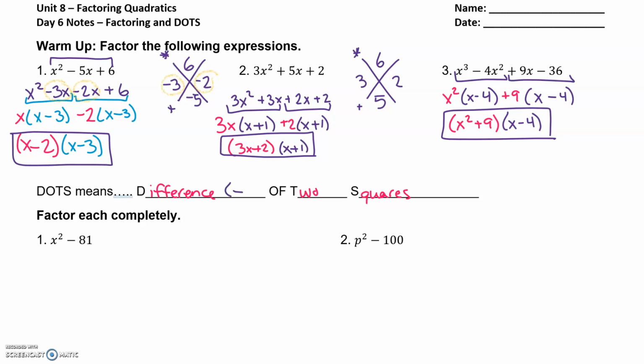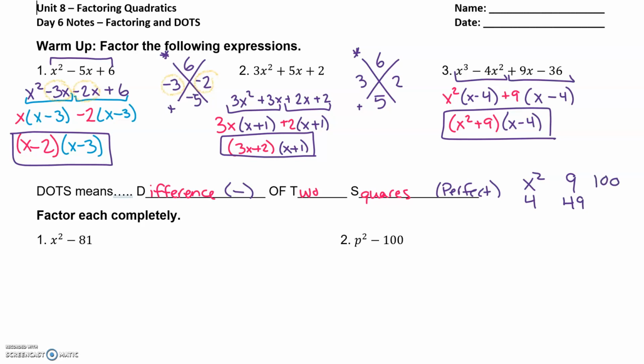Difference is talking about subtraction. The difference between two items is when you subtract them. Here, I want to subtract two squares. This means things that are perfect squares. Things that are perfect squares are things like x squared, 4, 9, 49, 100.